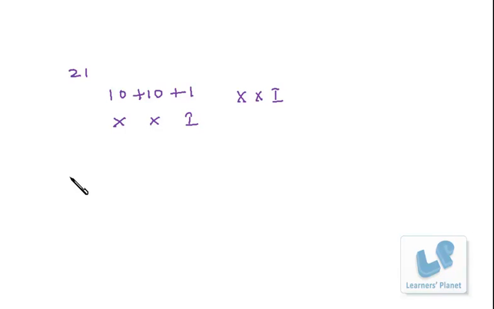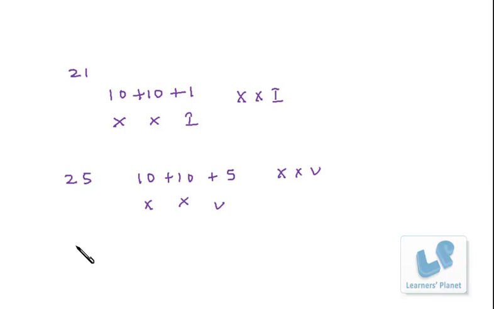Similarly, if we wish to write 25, what we will do? It's 10 plus 10 plus 5. So 10 is X, 10 is further X and 5 is V. So it's XXV.